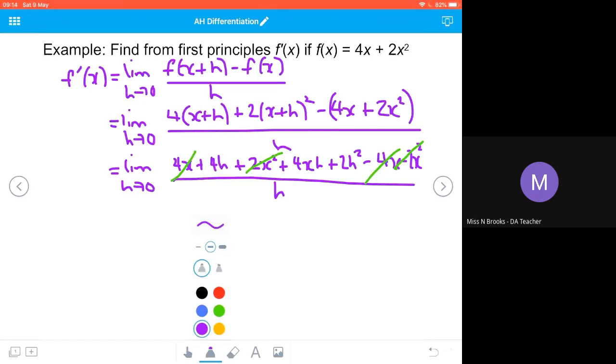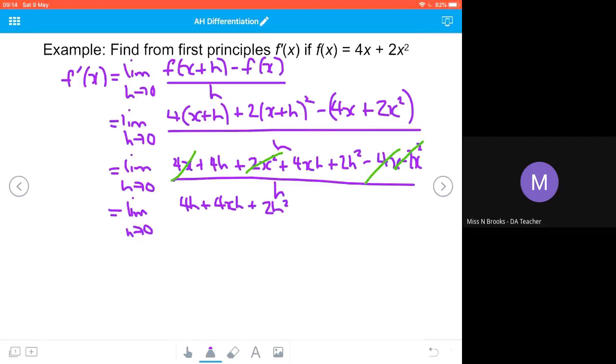Now, my 4x take away 4x becomes 0, and my 2x squared take away 2x squared becomes 0. And so I'm left with my limit as h tends to 0 of 4h plus 4xh plus 2h squared. And that's all over h.